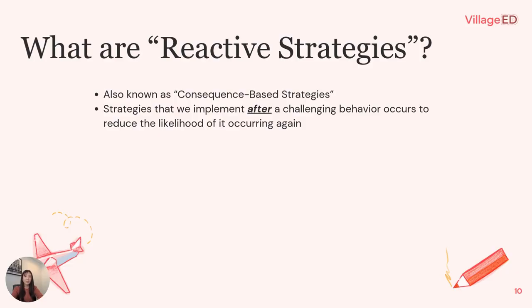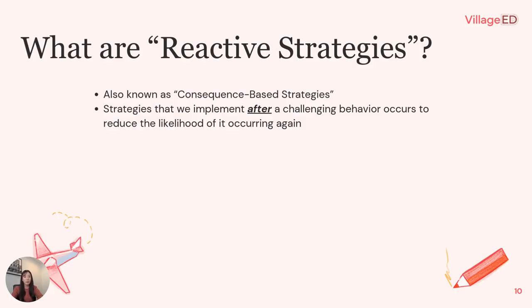So in other words, when we come across a challenging behavior, we want to make sure that we manage the situation with the appropriate strategies so that we'd see a decrease in future occurrences of the challenging behavior, not an increase. So essentially, we want to replace that challenging behavior with something that is functionally equivalent and more desirable.